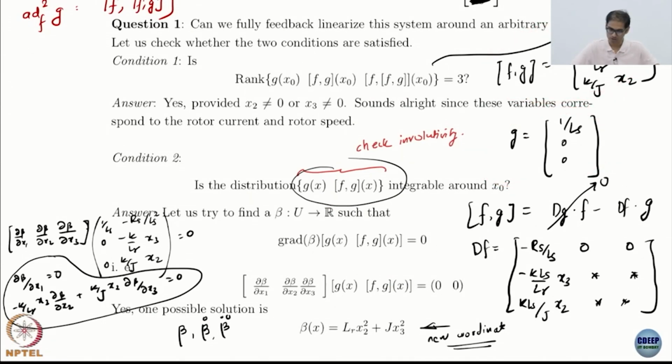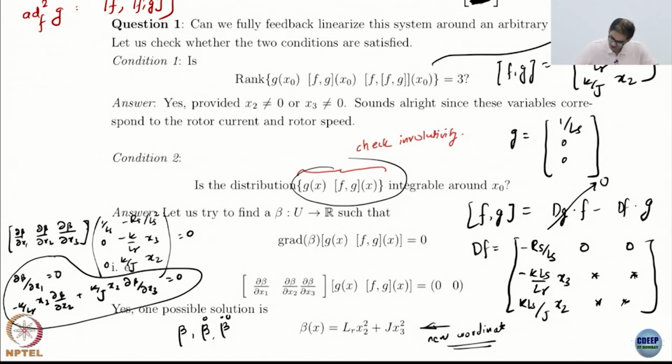All we had to do was see if the Lie bracket of g and fg turns out to be in the distribution itself or not. And we actually verified this: when you take the Lie bracket of the two, it turns out to be 0, I believe. That's what we got.